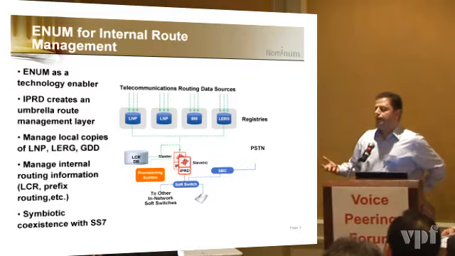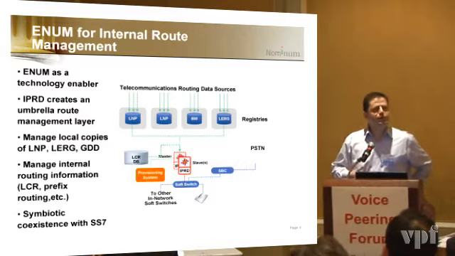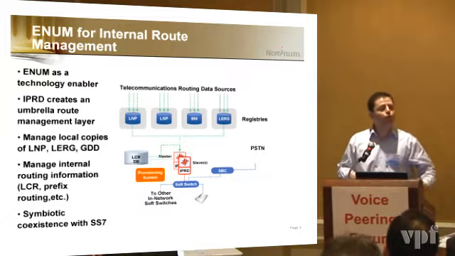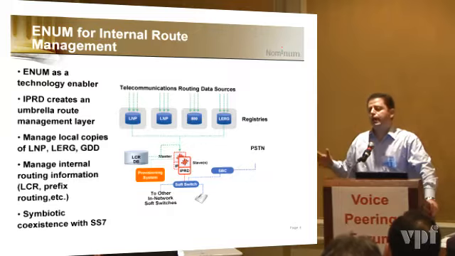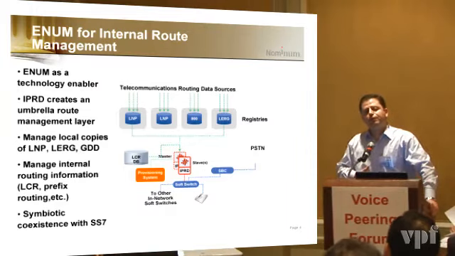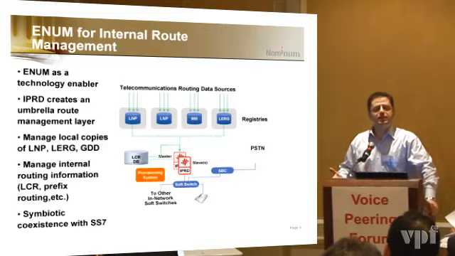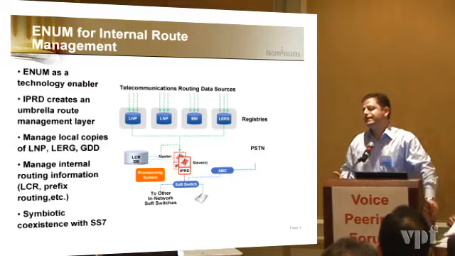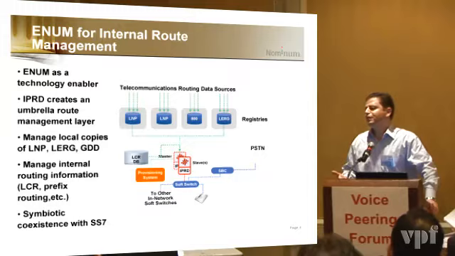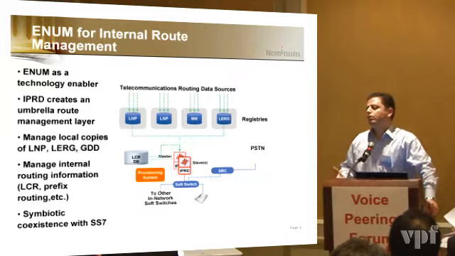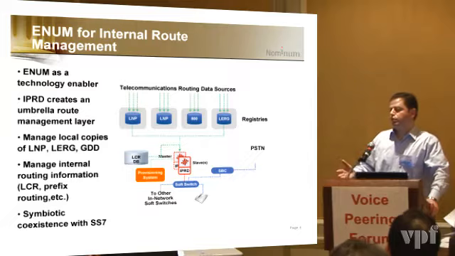You're able to manage not only your route prefixes and least cost routing information, but also bring in the LERG and LNP from service bureaus like Telcordia or Neustar and push it inside your network. Then you're not necessarily making a flash cut between IP and SS7. You're enabling your IP networks to coexist and perform functions like an out-of-the-box IP translation for number portability while you make the migration towards IP.